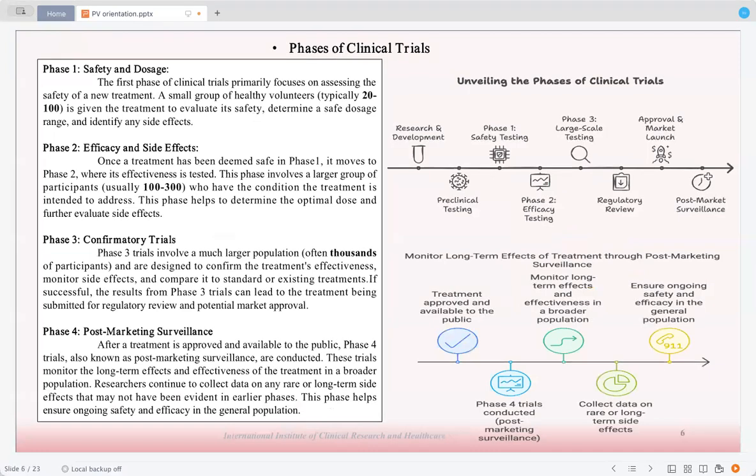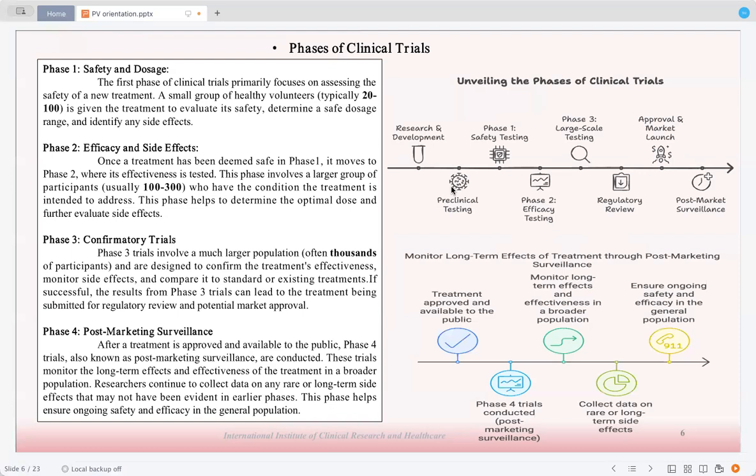Phases of clinical trial. There are 4 phases. First, the drug discovery stage. After that, preclinical testing, which means studies conducted in animals. Then it goes to clinical trials. In clinical trials, sometimes phase 0 will be there. Phase 0 is otherwise known as human microdosing studies.